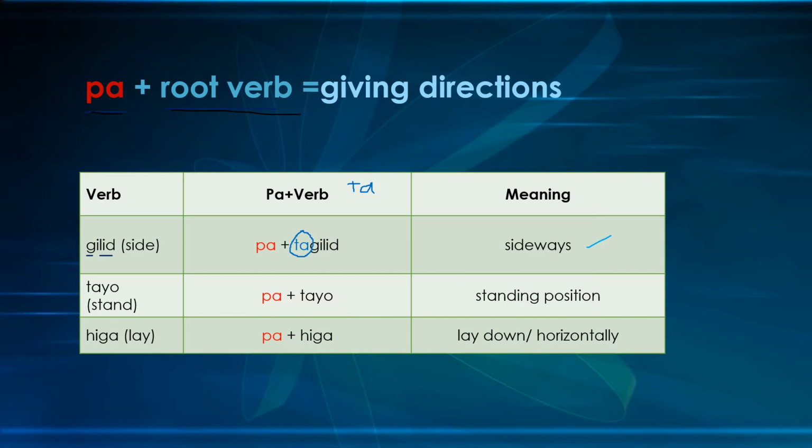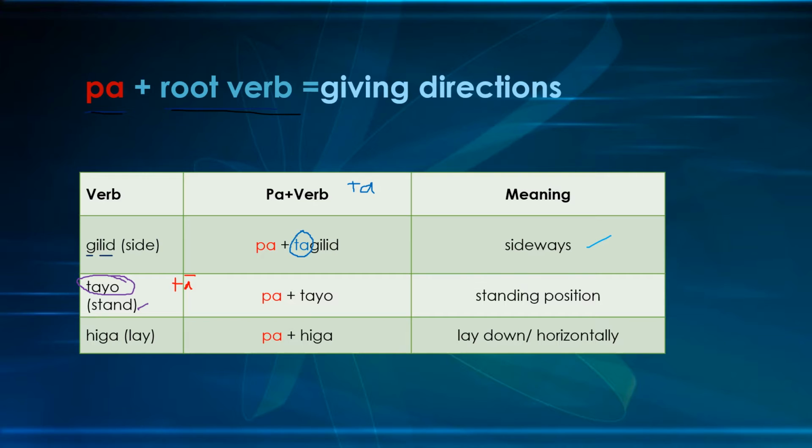Another example is tayo. You pronounce it in a fast pacing. Tayo, which means stand. We have to remember that if we change the pronunciation of this word, it means a different thing. It could also mean we if we pronounce it tayo, like this.